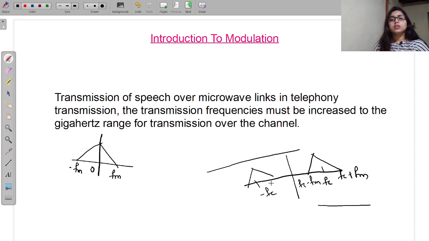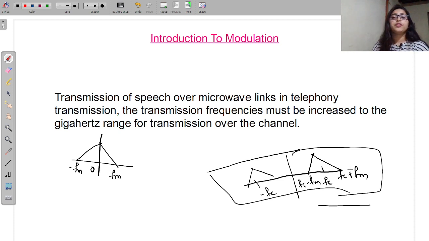This is what frequency translation is: from 0, it went to fc. Normally speech is about 20 hertz to 20 kilohertz, while carriers are in various kilohertz to various gigahertz. So it has to be increased to the gigahertz range for transmission over the channel.